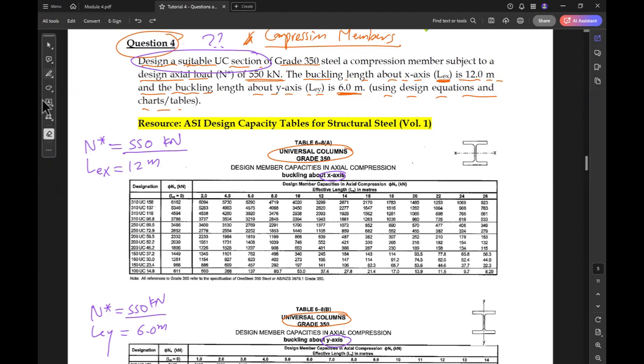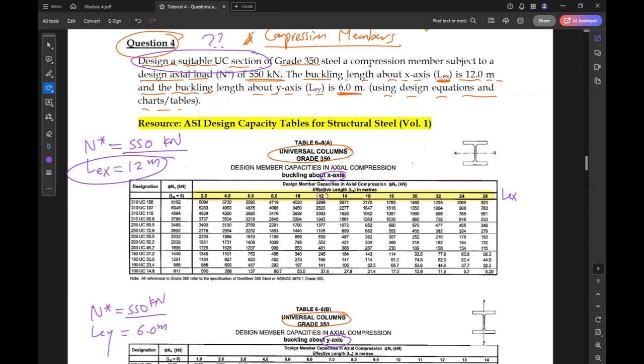These values here are the effective length LEX. So how much L effective do we have? 12.